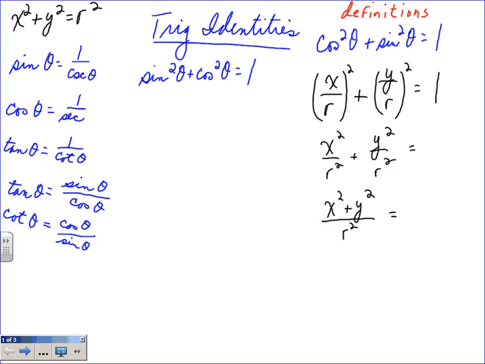Well, what is x squared plus y squared? R squared. We've already learned that x squared plus y squared is r squared. So now I have r squared over r squared, and that's 1. That's using definitions to show.